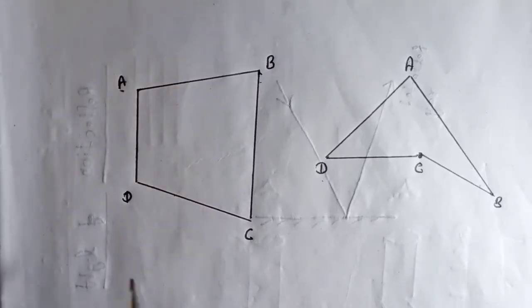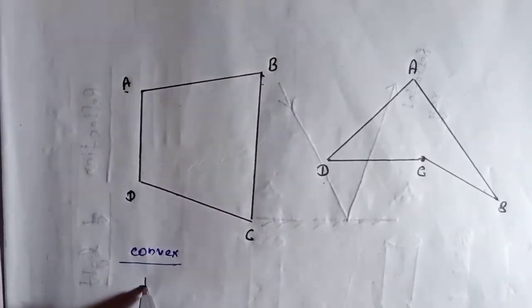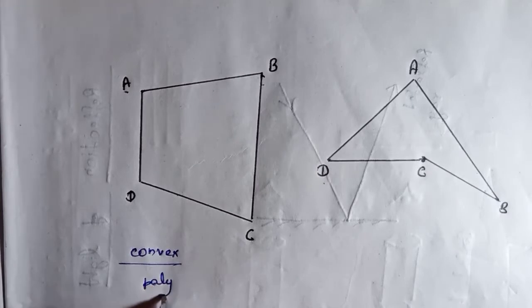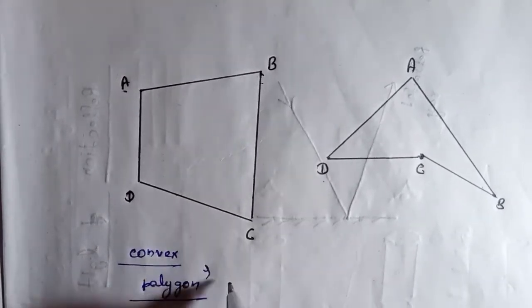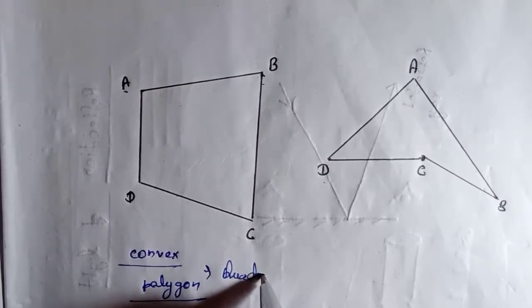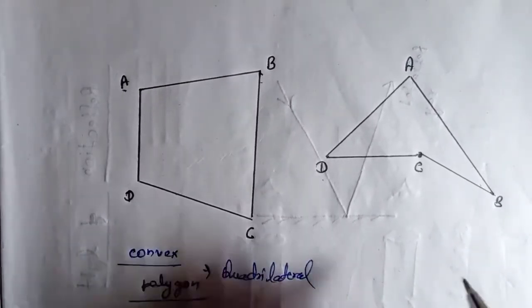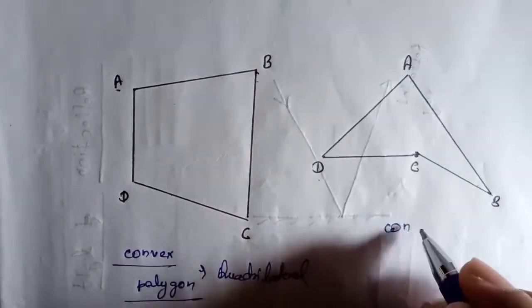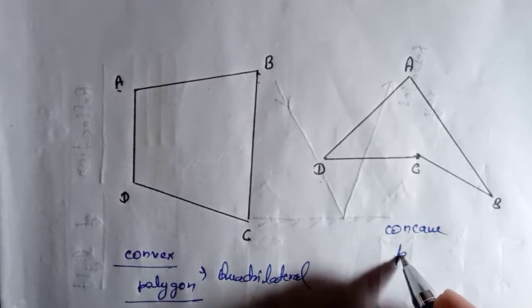Now we have a convex polygon, and it is a quadrilateral, and it is a concave polygon, quadrilateral.